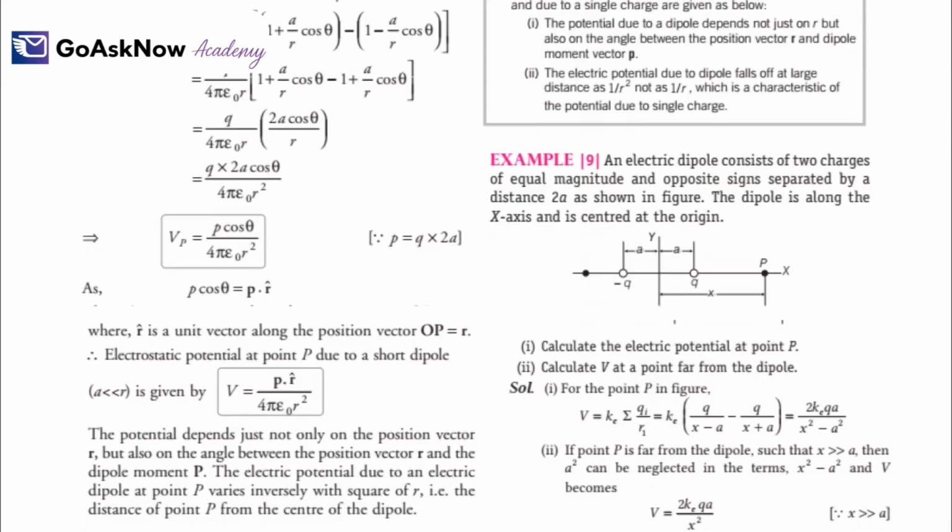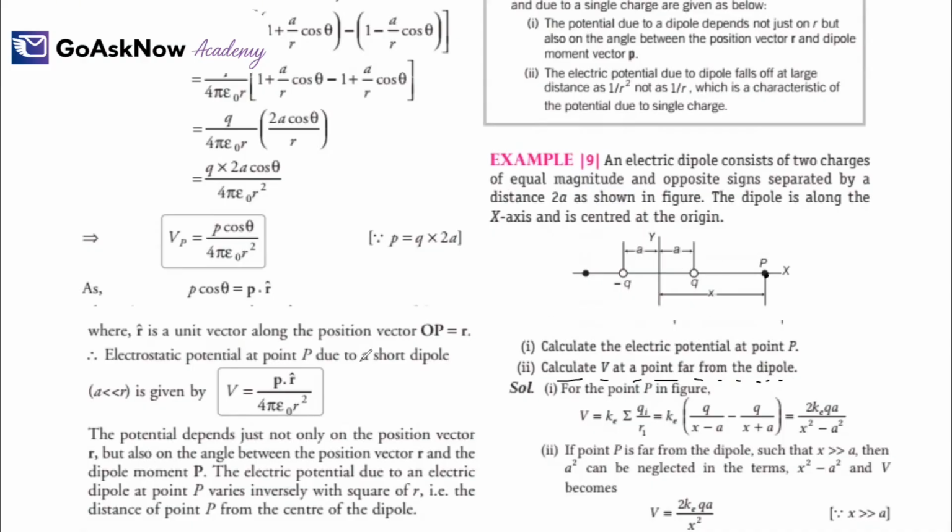The dipole is along the x-axis and is centered at the origin. We have to calculate the electric potential at point P, which is on the axis of the dipole. Calculate V at a point far away from the dipole.